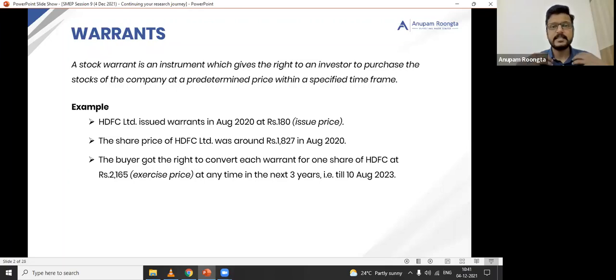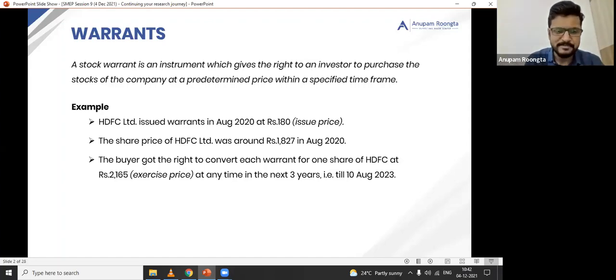So I have a choice in the next 3 years. Whenever I want to, I can pay 2165 into 500, whatever number of shares are there in the lot, to the company, and all my warrants will be converted into shares, and they will lie in my demat account as before. So warrants also show up in the demat account, and when you convert a warrant into a share, the warrant converts into a share and starts showing in the demat account again.